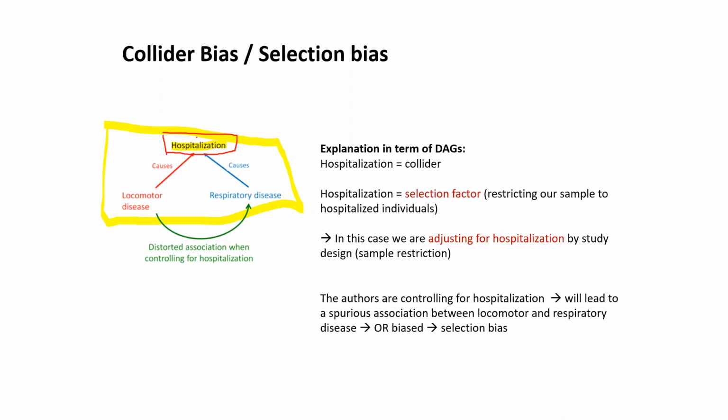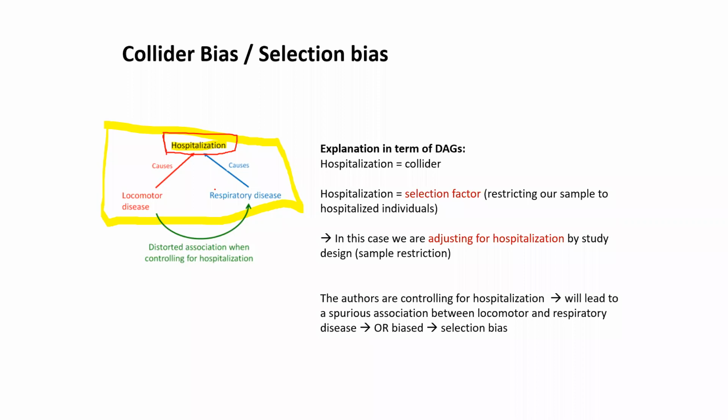It could be restriction, matching, or multivariate regression. One of them is restriction, and if I'm restricting my whole sample to people at the hospital, it's as if I'm adjusting for it. Do you all agree? Yes.